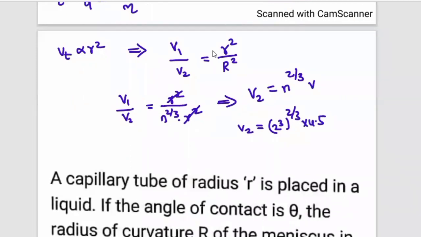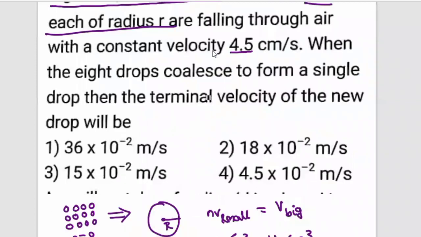So v2 is equal to, the cube gets cancelled, 4 into 4.5. So you will get 18 centimeter per second. This is the terminal velocity of the bigger body. If you convert the unit, 18 into 10 power of minus 2 meter per second.